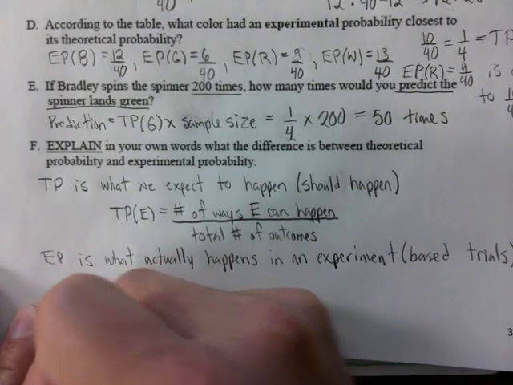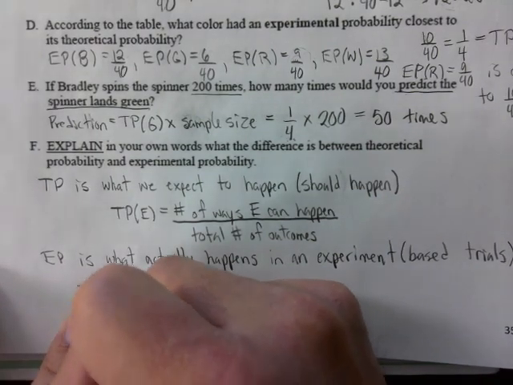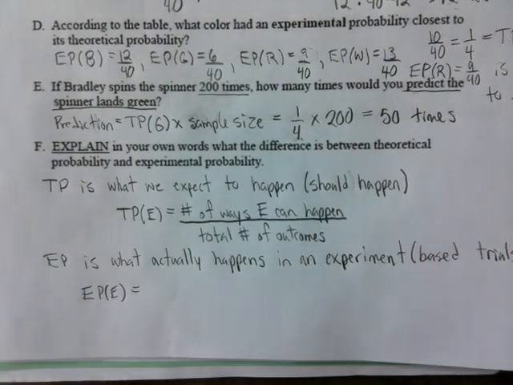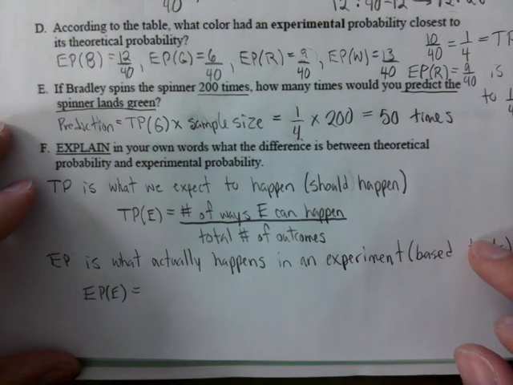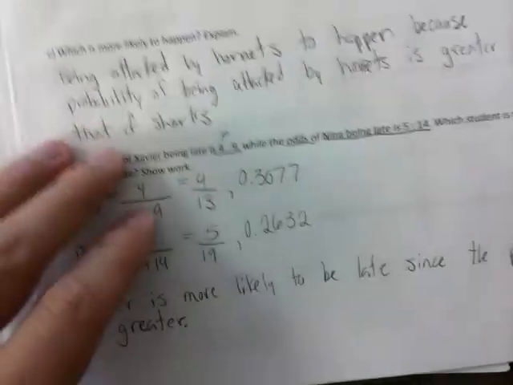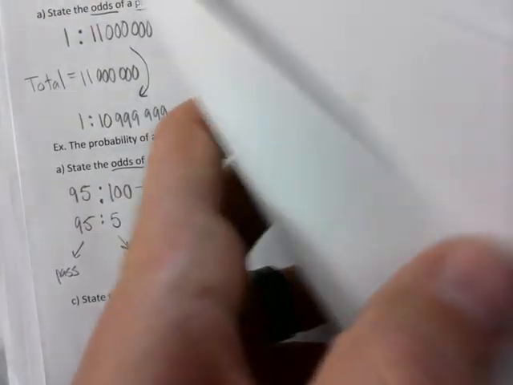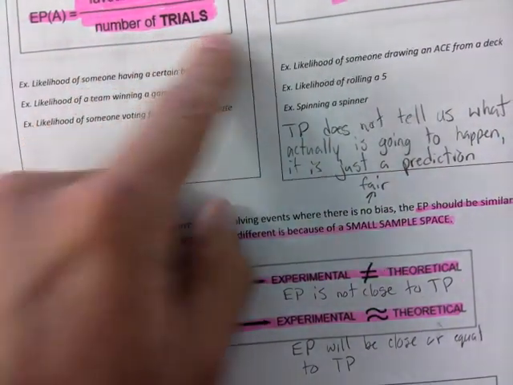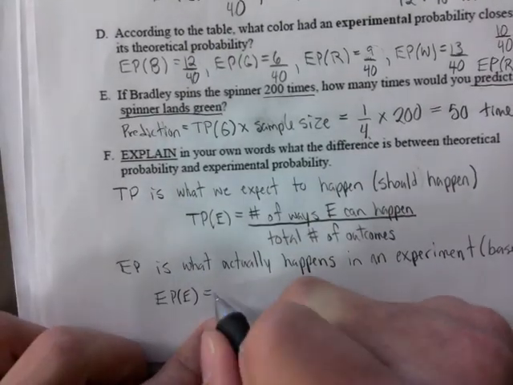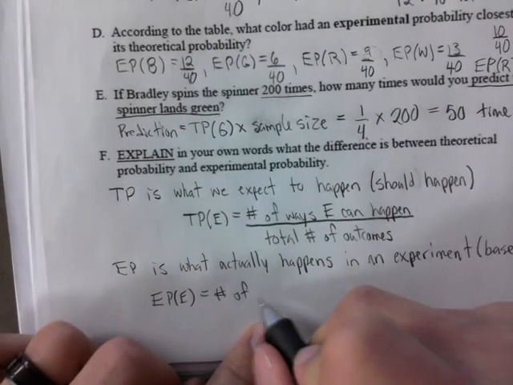If we wanted to write that formula, it's very similar. The experimental probability of an event E is favorable events over the total number of trials. The difference here is that we're dealing with trials, whereas with theoretical probability we're dealing with possible outcomes.